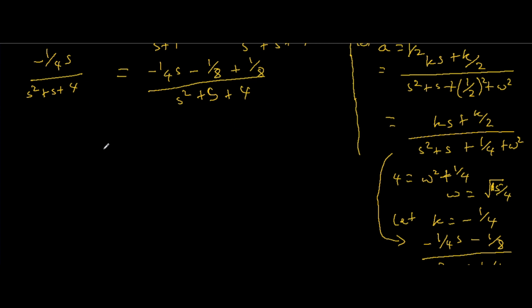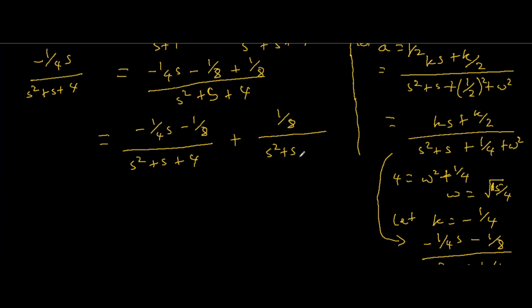Now, simple mathematics, you know this is minus 1 over 4s minus 1 over 8 divided by s squared plus s plus 4, plus 1 over 8 over s squared plus s plus 4. Have we made our lives better or have we made it worse?